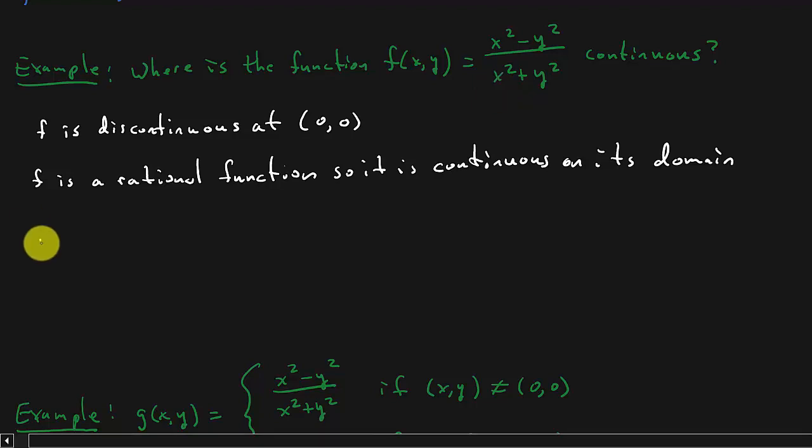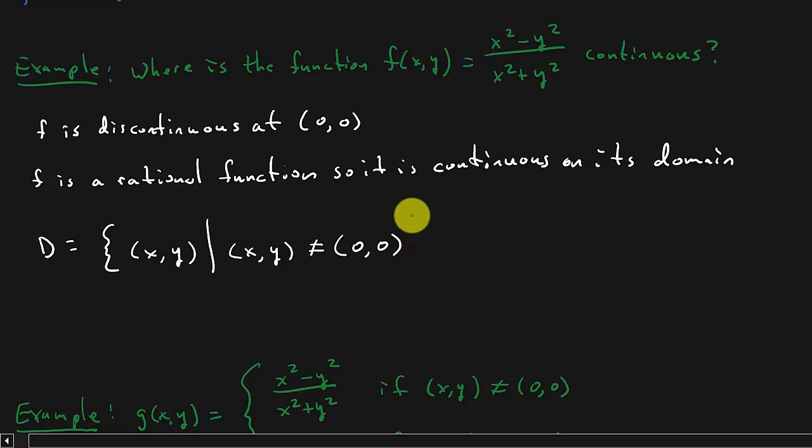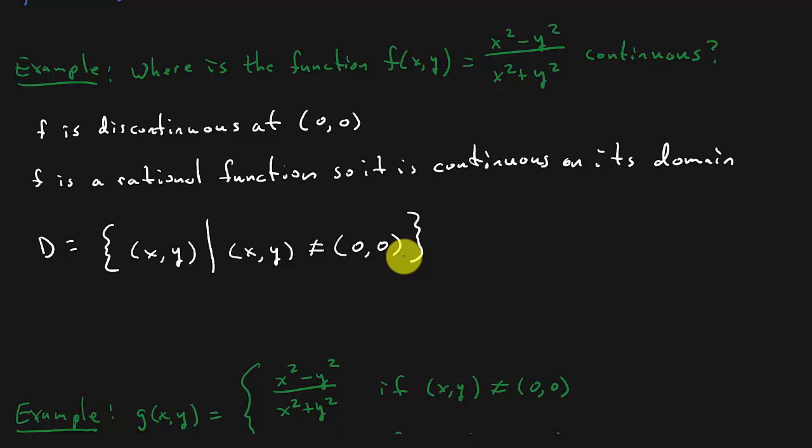So the domain here is the set of all (x, y) such that (x, y) does not equal the point (0, 0). That would be the domain, and this function is continuous everywhere except for (0, 0).